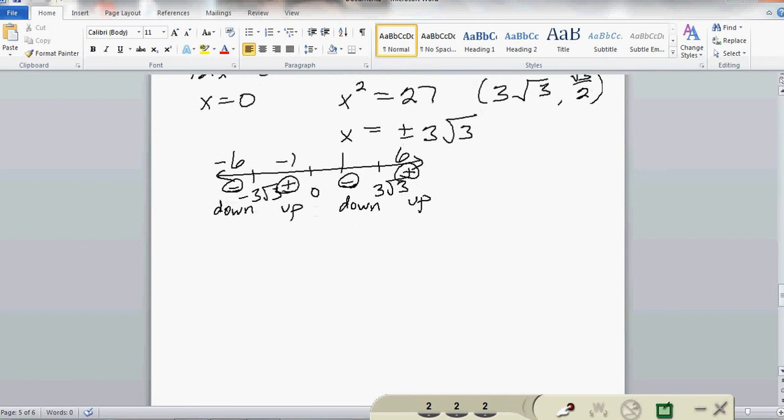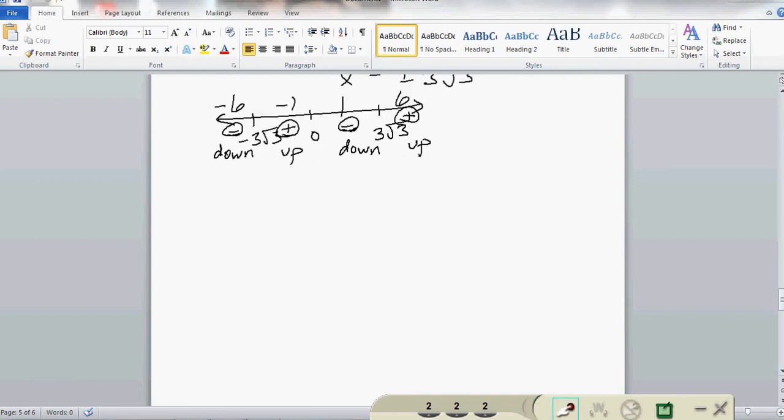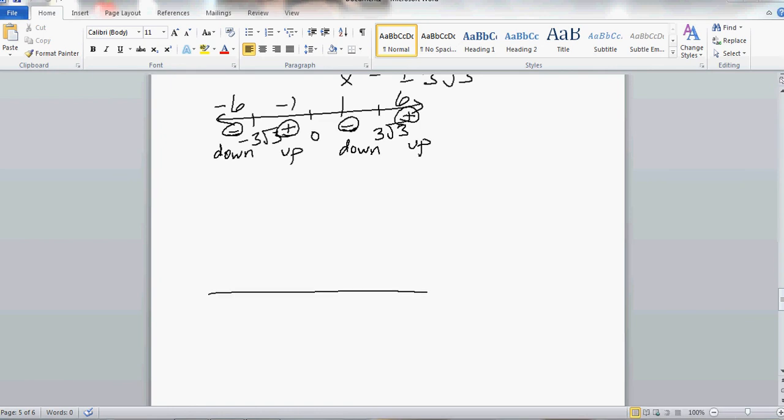So negative 3, negative 1 would be about right here. 3, 1 would be about right here. We have an inflection point at 0, 0.